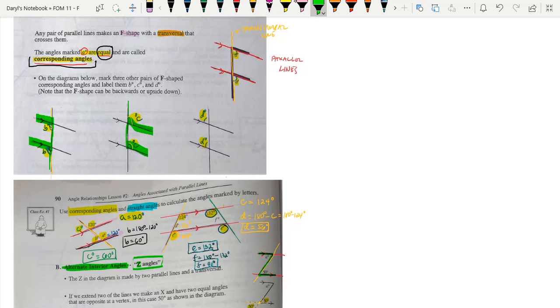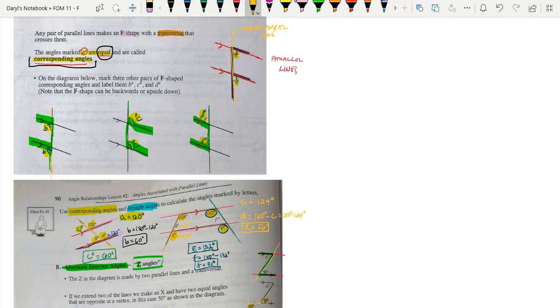For the third figure, you can also create letter F from your parallel lines and the transversal line. Again, this is your transversal line here. And the parallel lines, if you can see, have these symbols, which indicate that these two lines are parallel to each other.